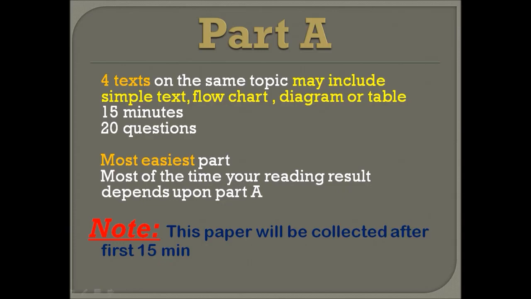If you don't score well in part A, don't worry, there are other parts, part B and part C. You can also score well there and clear your exam. But most of the time your result depends upon part A.